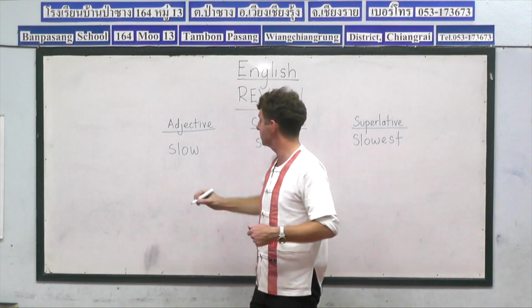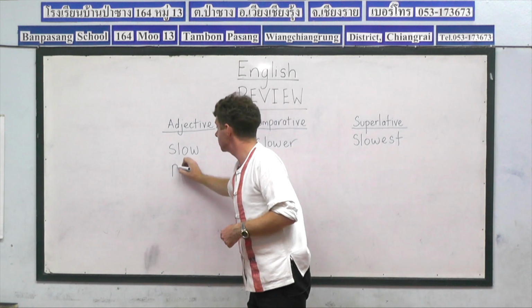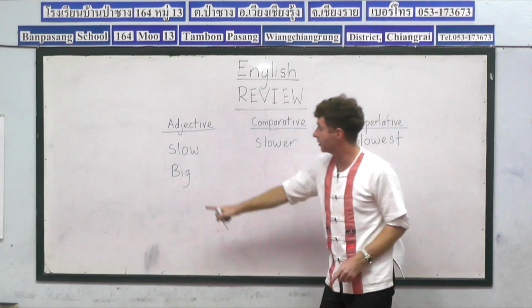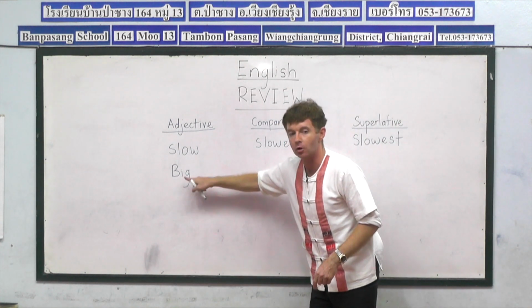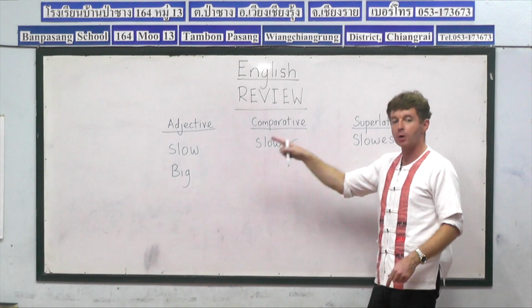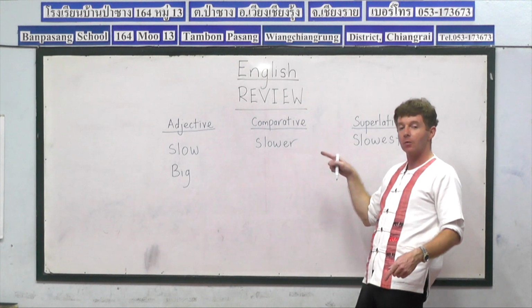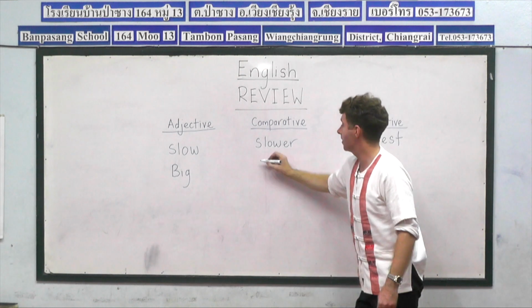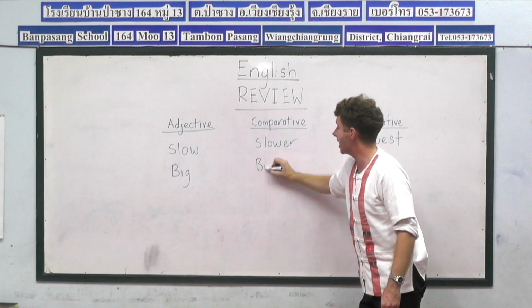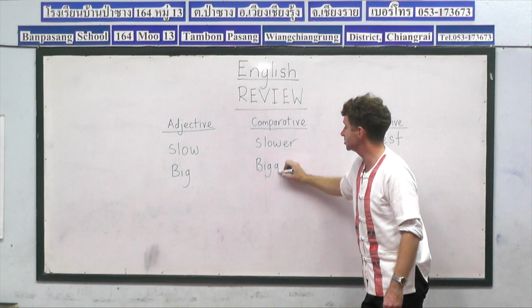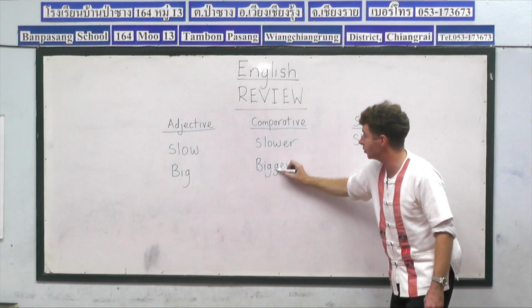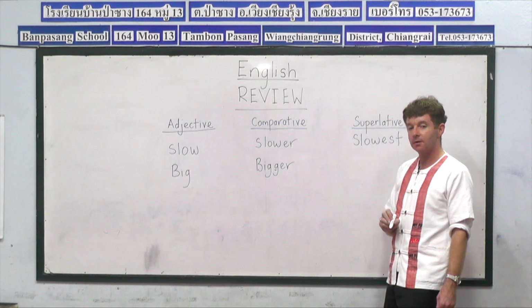Okay, now let's do one with a different set of spelling rules. Let's see if we can remember, say we use the adjective big. Now remember, we have vowel, consonant. So if we go from big to bigger, what do we need a second G. B-I-G-G-E-R. You see, for bigger, we need the second G. Comparative.